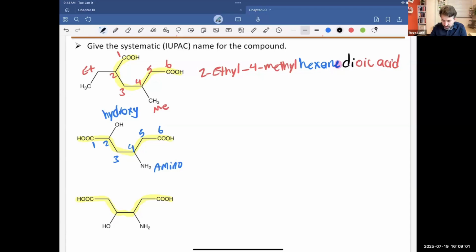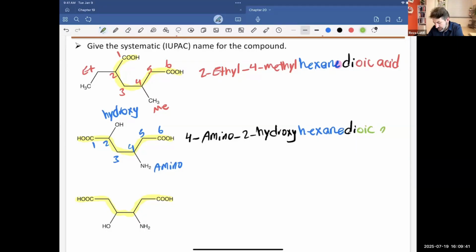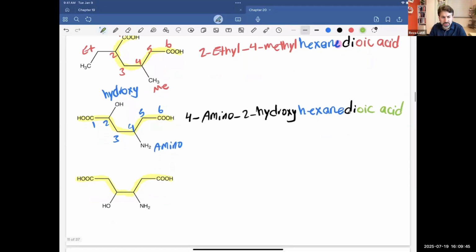So I'm going to say on the 4th carbon, I have amino functional group. And next one, I have hydroxy on the 2nd carbon. So I go 2-hydroxy, and then my molecule is made of 6 carbons. So I go hexane, and then I say dioic acid. So nothing surprising, it is similar to the first example. We have hydroxy and amino groups, and I started labeling from the left side.